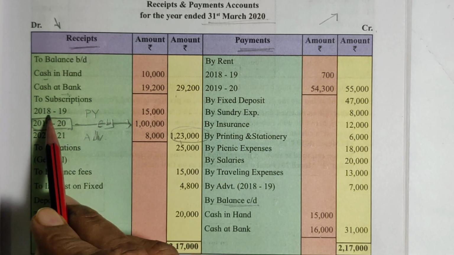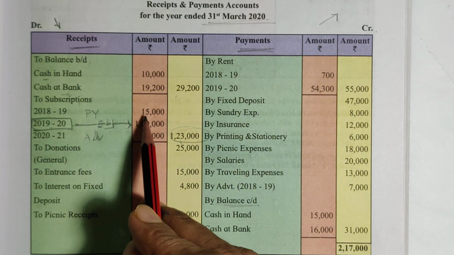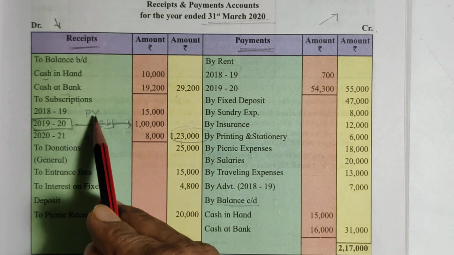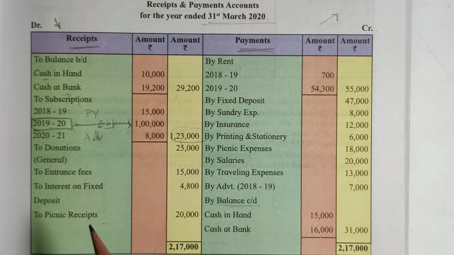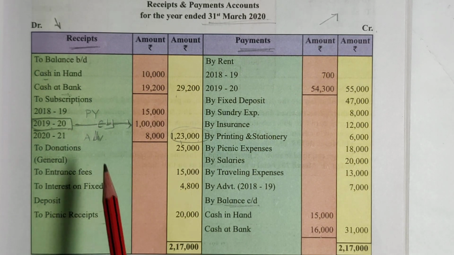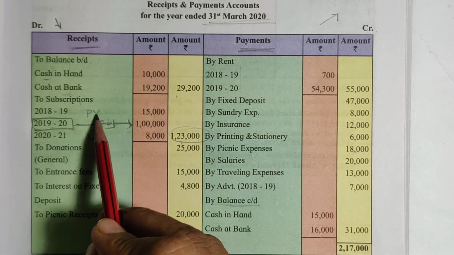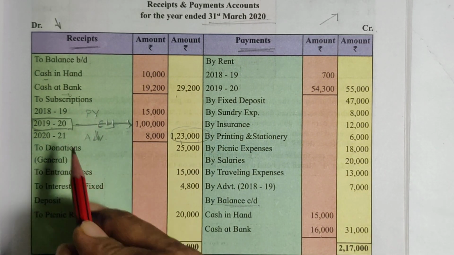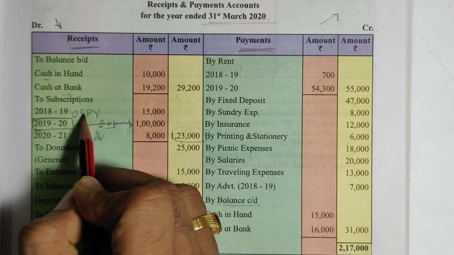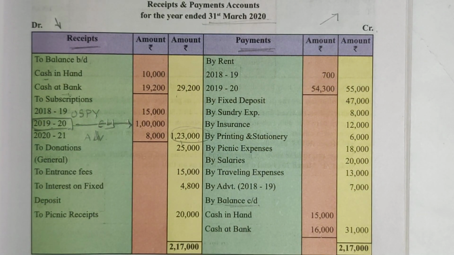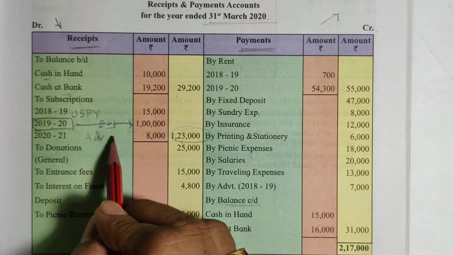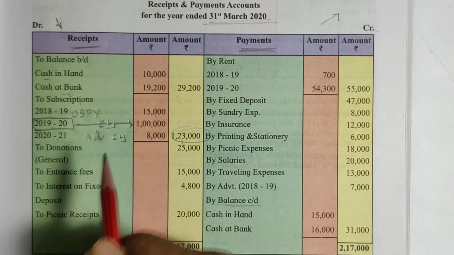Received for 2018-19 is the amount of subscription received for the previous year which was not received in the earlier year. So it must be the outstanding subscription for previous year. And this is the advance subscription, advance received in the current year.